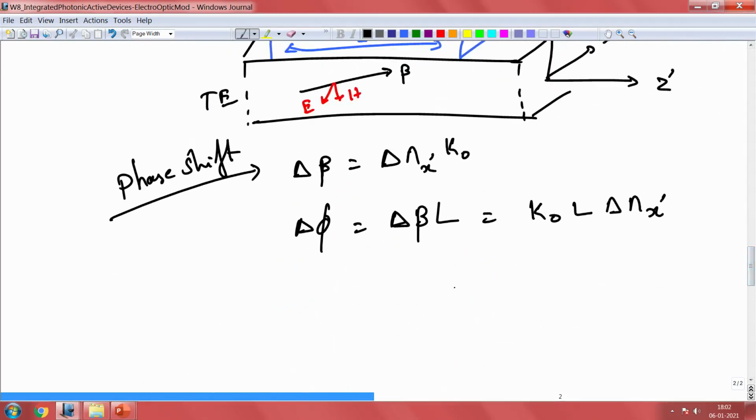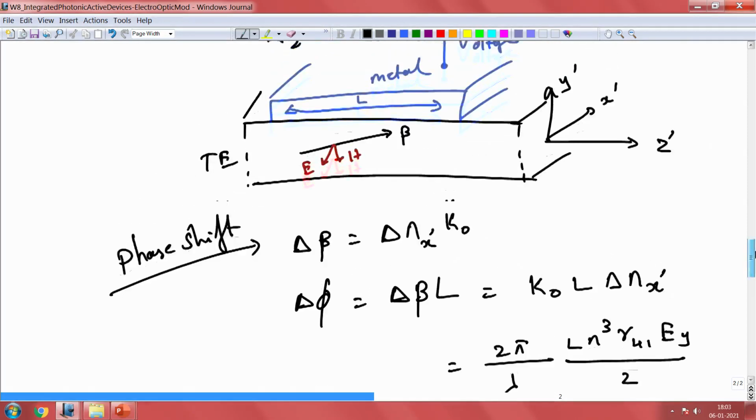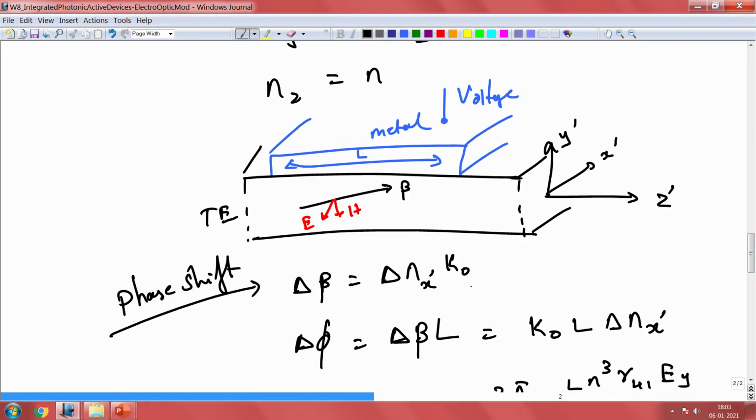So this will become 2 pi over lambda L n cube r 41 E y divided by 2. So why is E y here? Because the field is vertical, right.